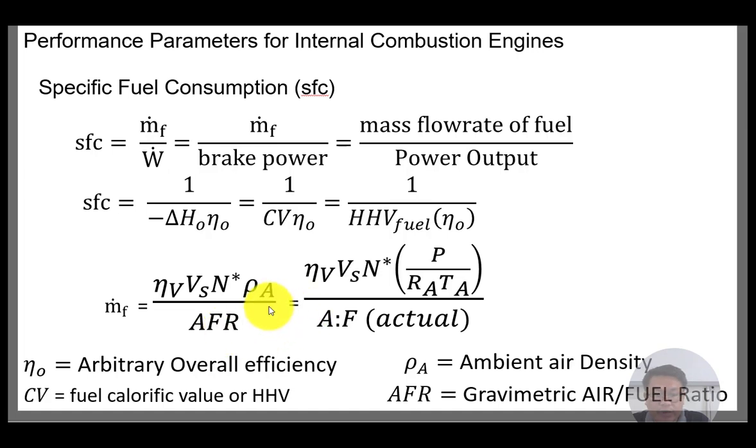That can also be broken down into volumetric efficiency, volume swept, RPM, and the density, which will be the pressure of your air divided by R of air times the temperature of air, the outdoor temperature, divided by the actual air fuel ratio.